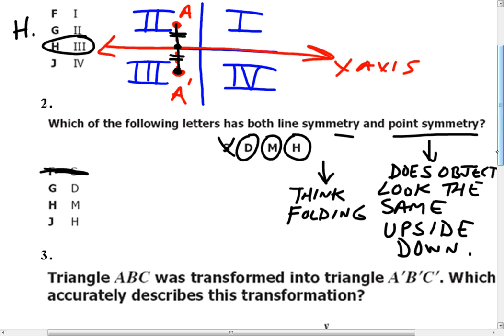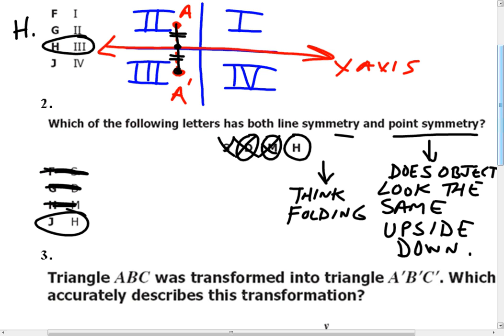Does D look exactly the same? No, the straight side is going to be on the right. M is going to look like a W. Now, does the object look the same upside down is not a good mathematical way of looking at it. It's a good way to remember it.